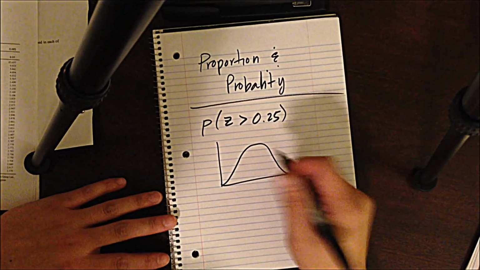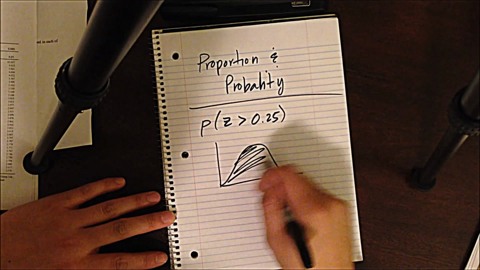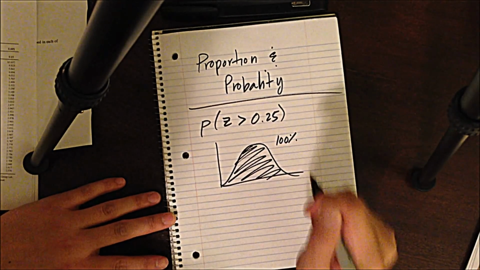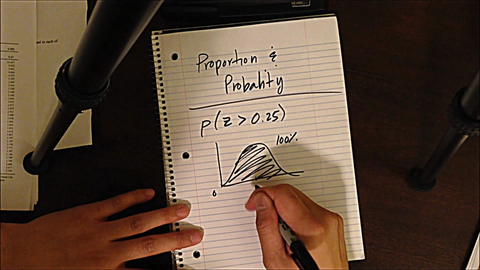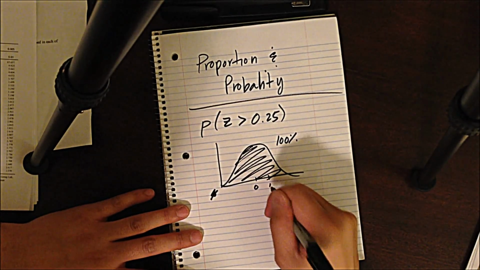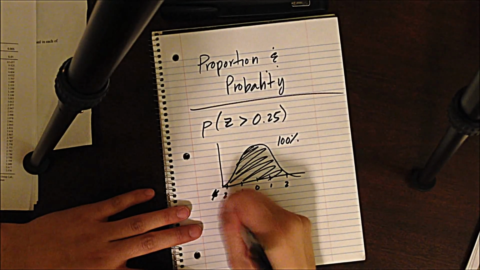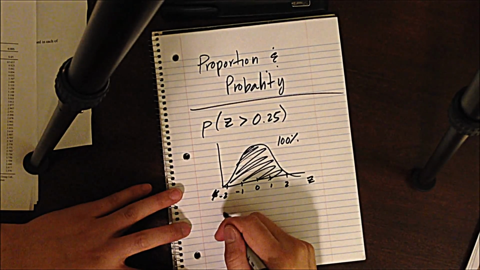So this is a normal curve. The whole area here is 100%. This is 0 here. This will be 1, maybe -1, 2, -2. And this is the Z-score, okay?